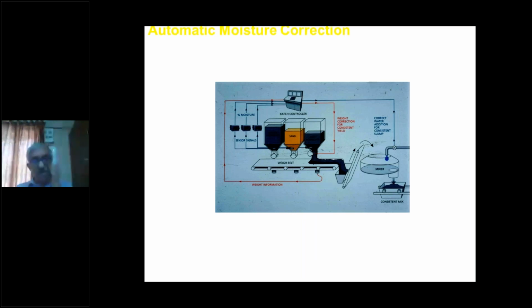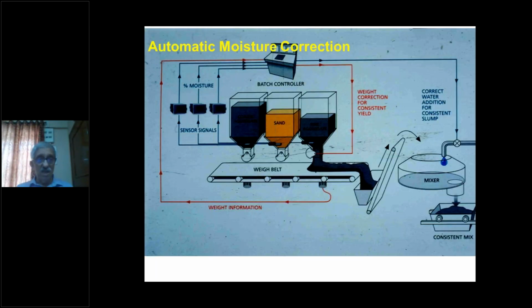These days, the modern batching mixing plant have also the automatic moisture detection system, which is a probe introduced in the silos containing the aggregates. So as the aggregate goes down on the conveyor belt for weighing, it measures the moisture on the surface of the aggregate and gives an indication to the computer that so much water has entered along with the aggregate.